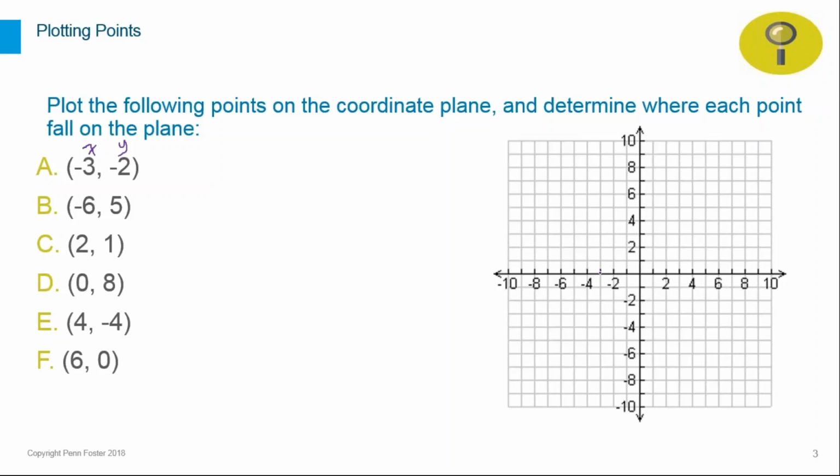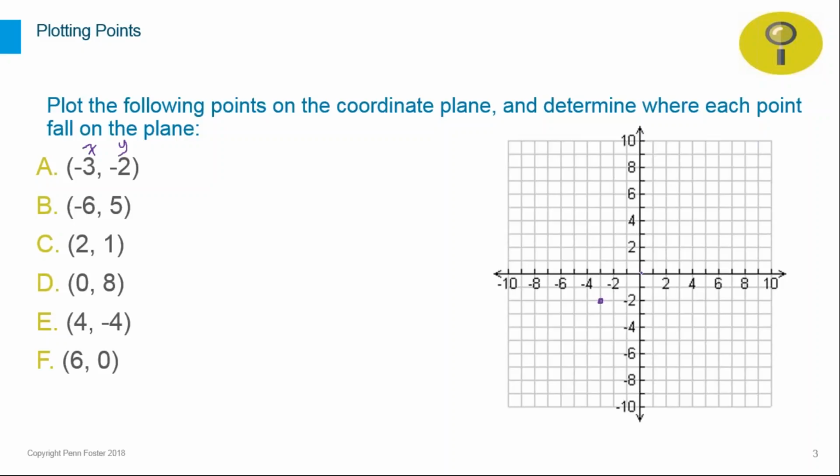Now we have to go up or down depending on the value of the y coordinate. -2 is negative, so that means that we have to go down 2 units. That will make us plot the point (-3, -2) here.